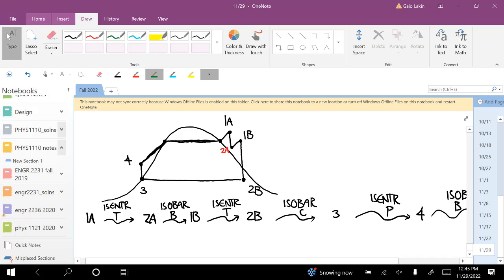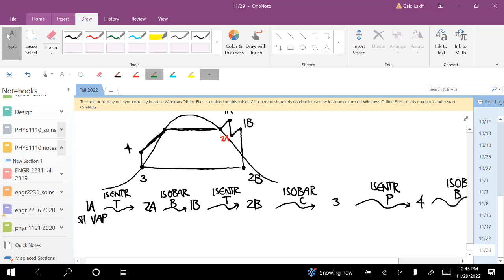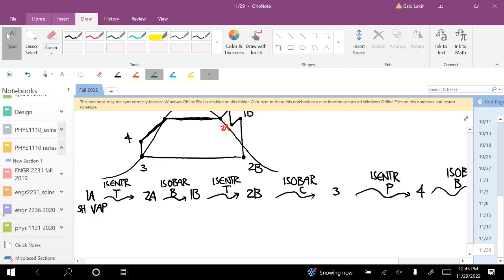And what are the phases at these different places? At 1A, that's superheated vapor. We are given that the pressure there is 10 times 10 to the 6, and the temperature is 600 degrees Celsius.